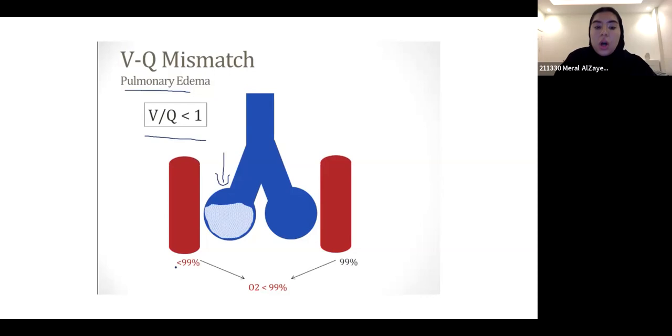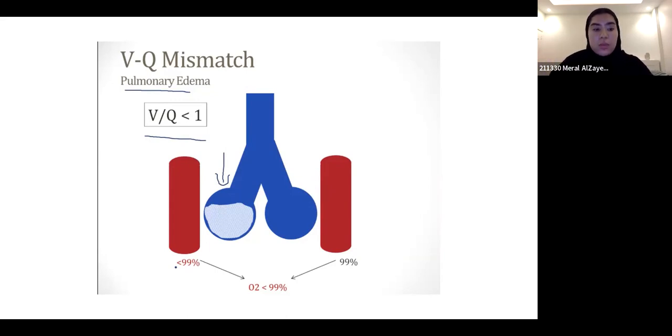On the right side here, and by the way, what happens when we have less ventilation? Our arteries don't get perfused as much because we are giving them less oxygen. But if you look at the right side, it is normal. We have a normal alveolus where the VQ ratio is normal, which is 1.